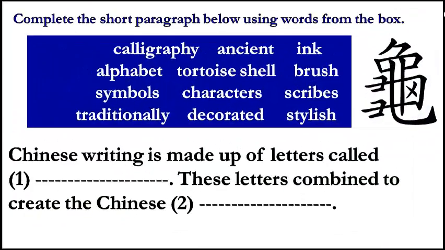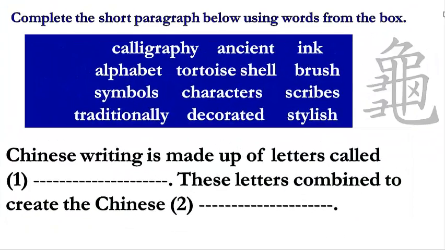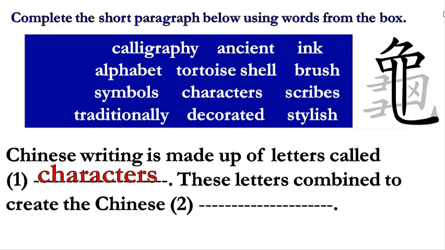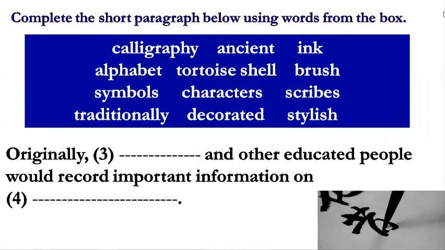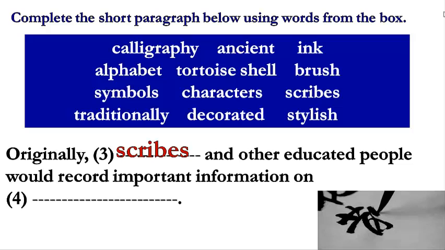Let's check the answers. Chinese writing is made up of letters called characters. Okay, the word number 1, characters. These letters combine to create the Chinese alphabet. 2, alphabet. Originally. 3, scribes.